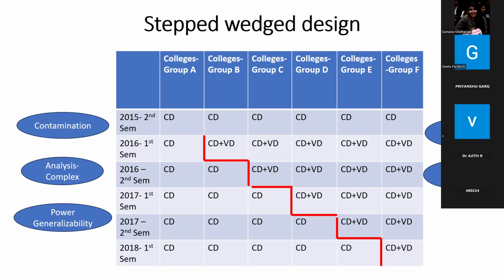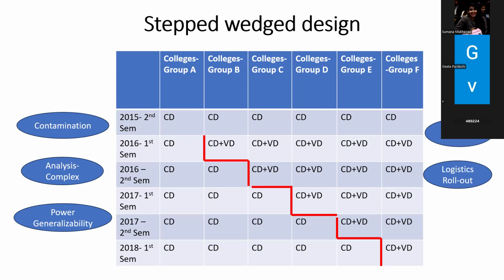One by one, all these groups of colleges get the virtual dissection added as a supplement to their cadaveric dissection, right? Because there was this student, I don't know whether he has come, Nishant, who had asked me about the possibility of a stepped wedge design in an academic study.